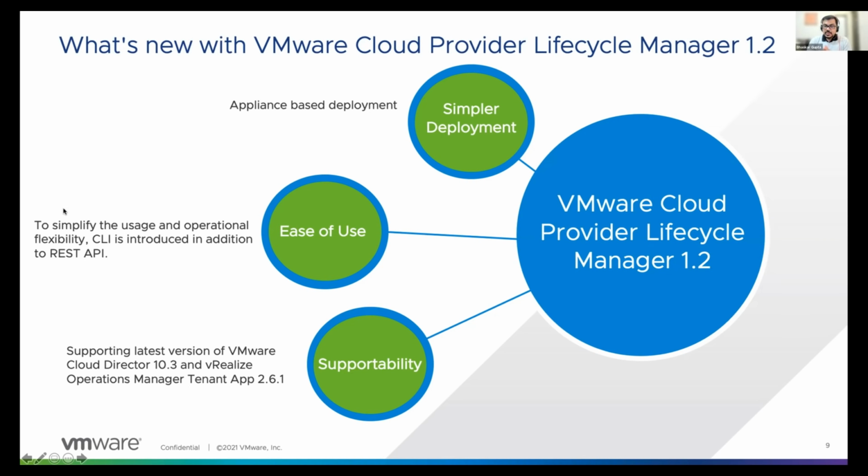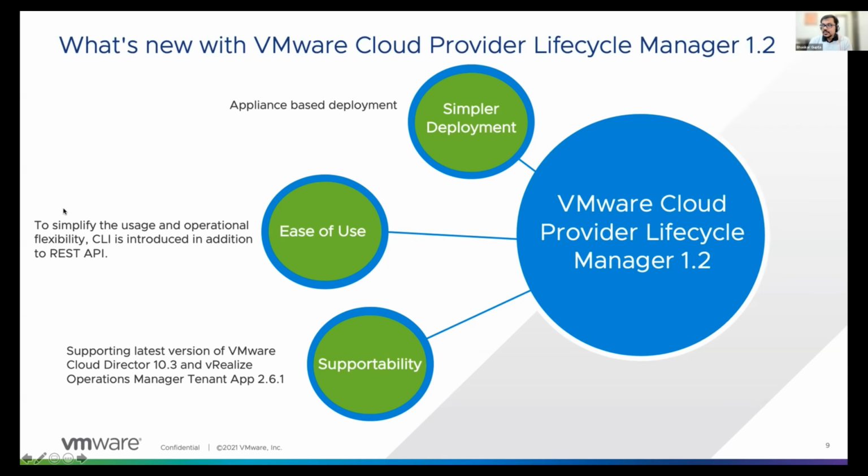But the catch was it was Docker based, and one had to deploy a Photon-based OS and VM, and import the Docker image available from the VMware download page, and then deploy VCP LCM 1.1. To make deployment simpler, we have come up with the appliance, which makes the deployment a lot easier.